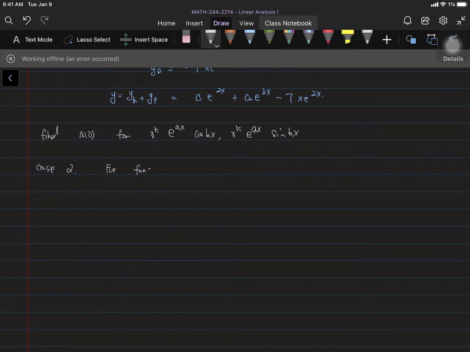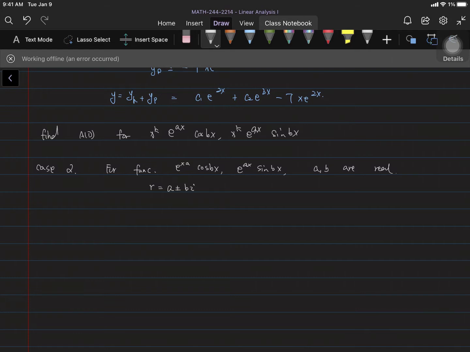For functions like e to the ax cosine bx, e to the ax sine bx, and here a, b are real. Let's see what's the annihilator for them. That means r should be a plus or minus bi, a complex number.